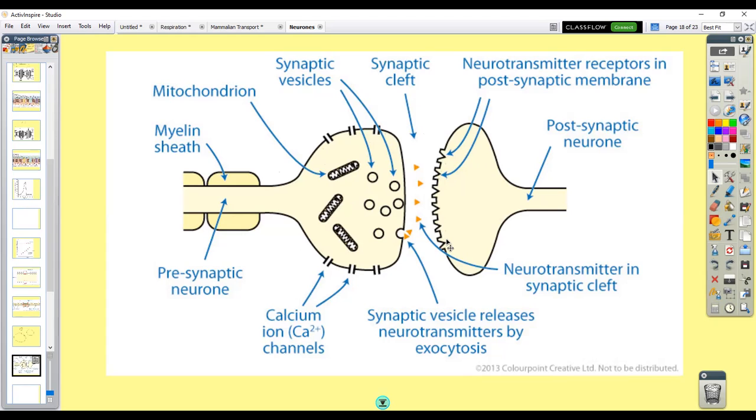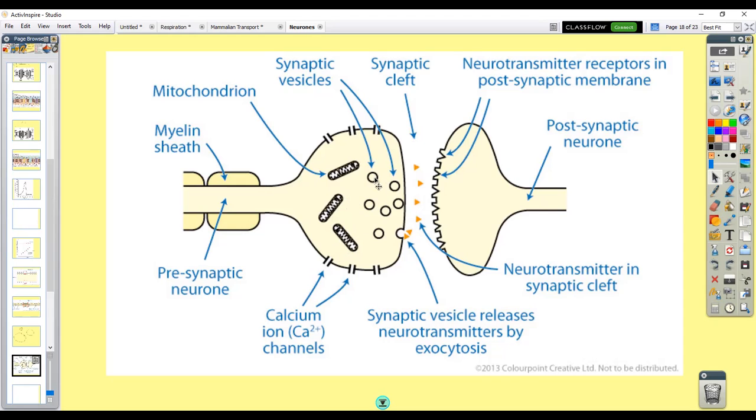Okay, and the way this works is that if your impulse is traveling down from, let's say, a receptor down your sensory neuron, the arrival of the impulse at the synaptic bulb causes calcium channels to open. Okay, and that causes an influx of calcium ions into the synaptic bulb.